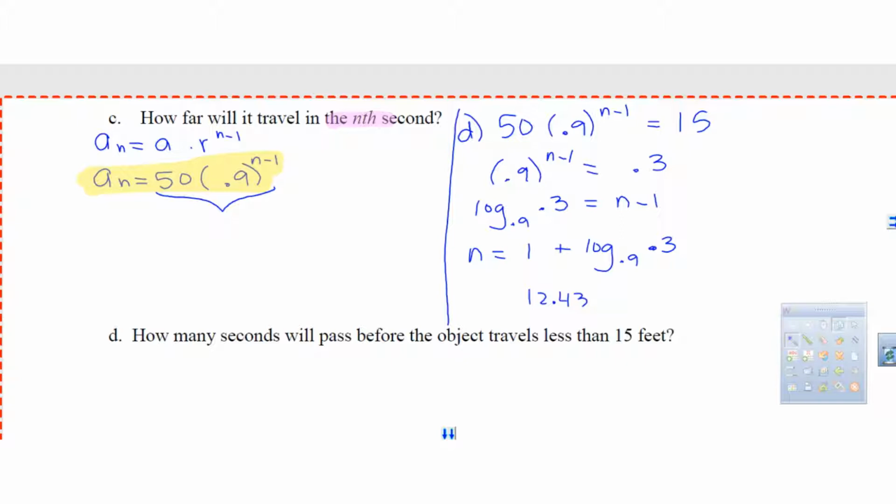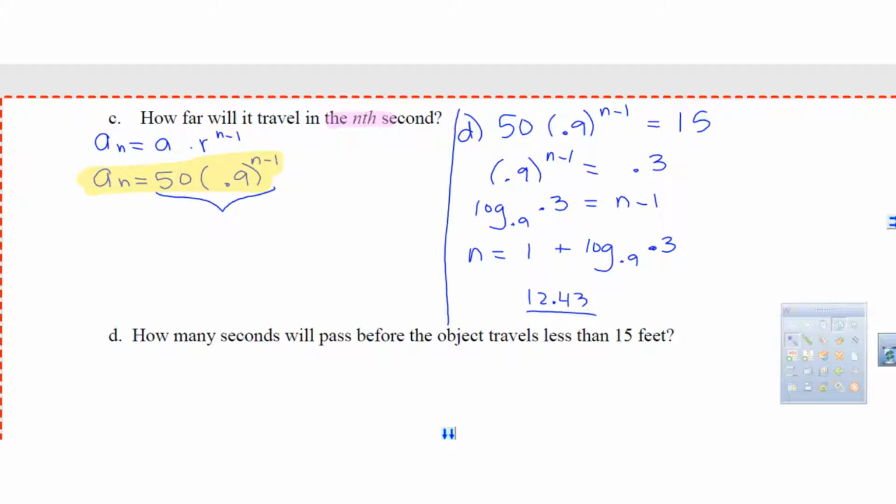Now let's think about this. The question is, how many seconds will pass before the object travels less than 15 feet? The answer is not 12.43. Is it after the first second? After the second? After the third? After the fourth? What's the answer? This is when it's going to be equal to.